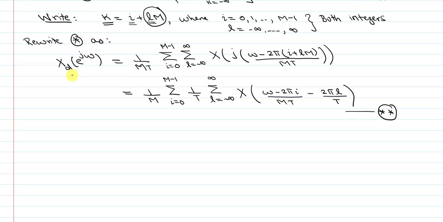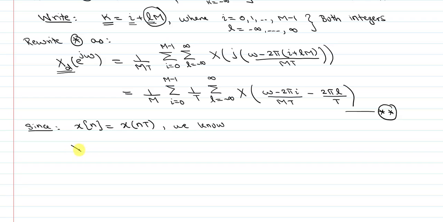Okay, now to derive the relationship between the DTFT of x_d and the DTFT of x[n], let's recall that since x[n] comes from sampling x(t), we have a similar relationship between the DTFT of x[n] and the continuous time Fourier transform of x(t).